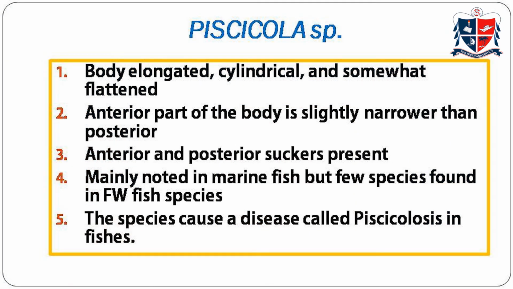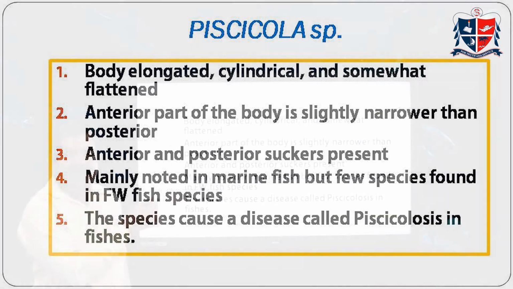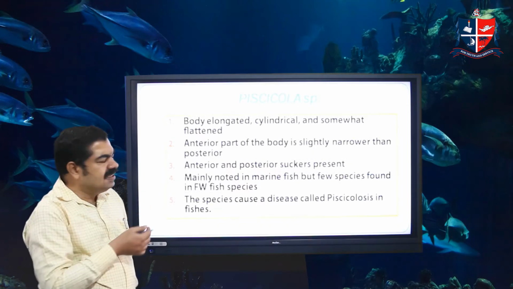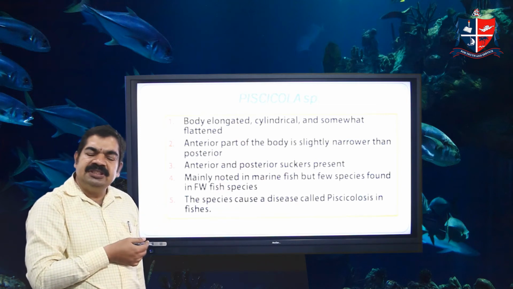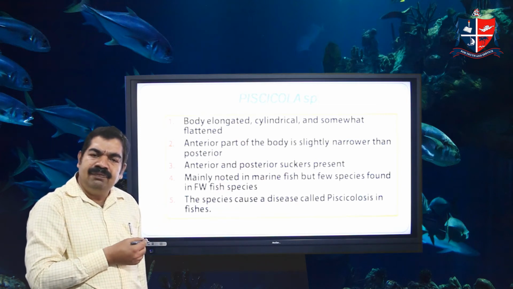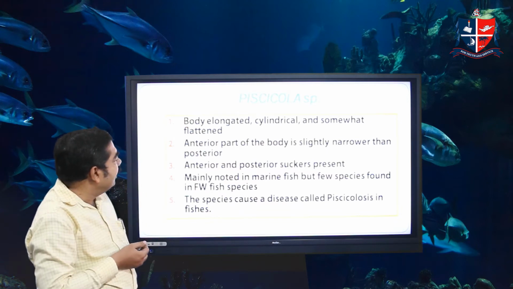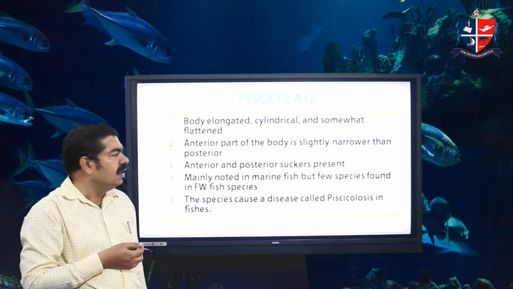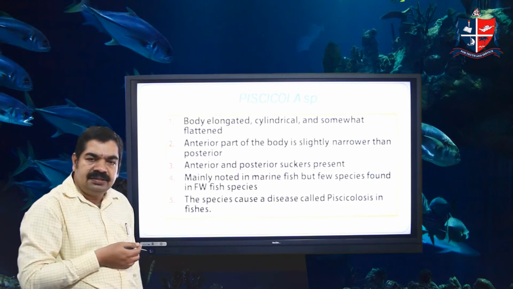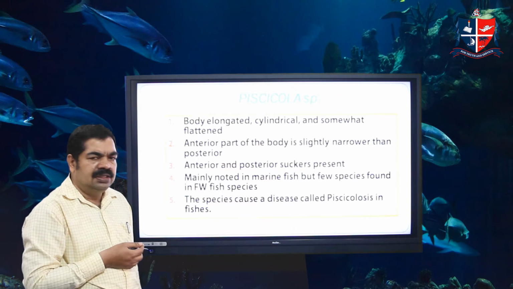Coming to the examples of leeches. The first example of leech is Piscicola species. The host of this Piscicola species will be a fish. The first point is that the body of Piscicola species is elongated and cylindrical and also somewhat flattened. So that is the body shape of Piscicola species.